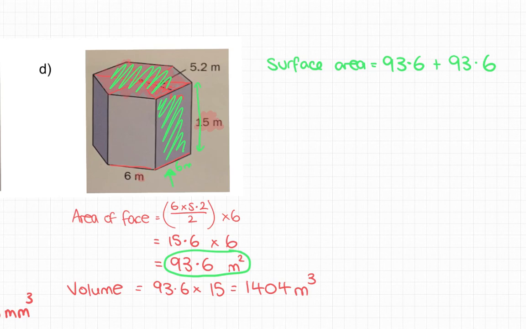So each of those is 90, but I've got 6 of them going around the outside of the shape. So it's plus 6 of those 90s, or you could do plus 90, plus 90, plus 90. Doesn't really matter. So if I do that, I've got 93.6 plus 93.6 plus 6 90s. And I get that to be 727.2. And that's meters squared.